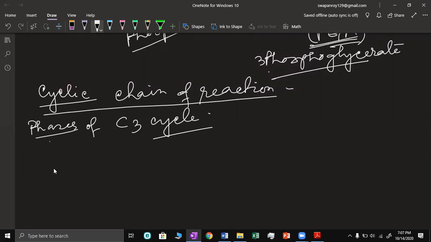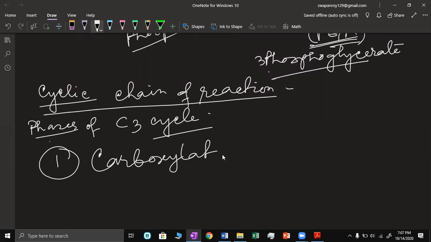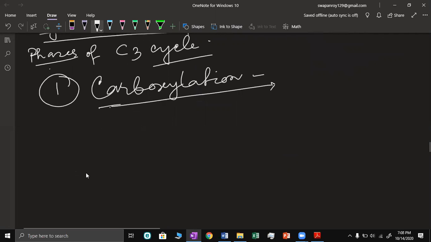The first one is known as carboxylation. Carboxylation is the process by which carbon dioxide is absorbed and incorporated in a compound.